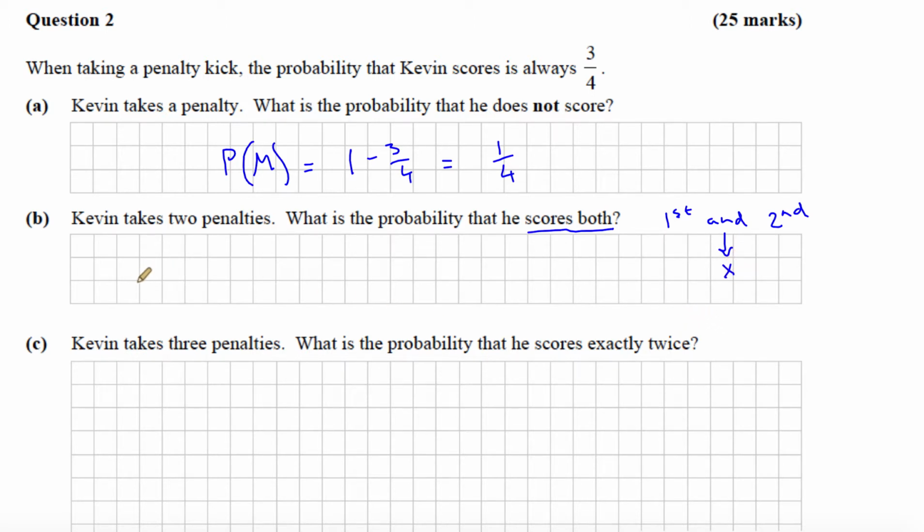So the probability that he scores the first one is 3/4, and is the multiply. The probability that he scores the second is also 3/4, because the probability that he scores is always 3/4, as it says in the question. So we just multiply these two fractions, and that gives us 9/16.